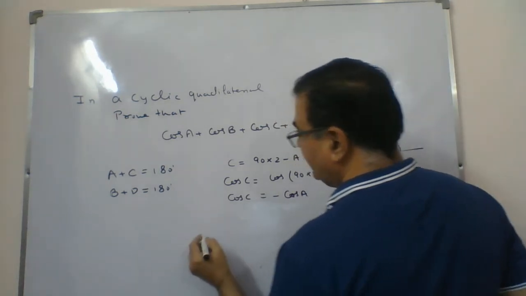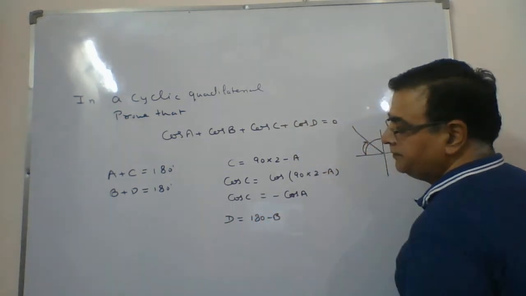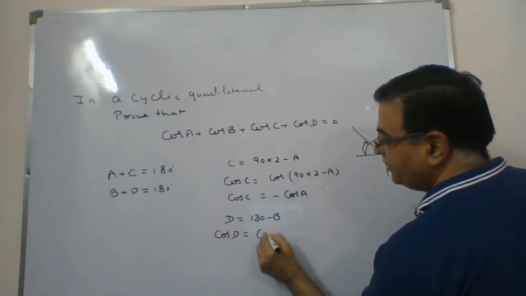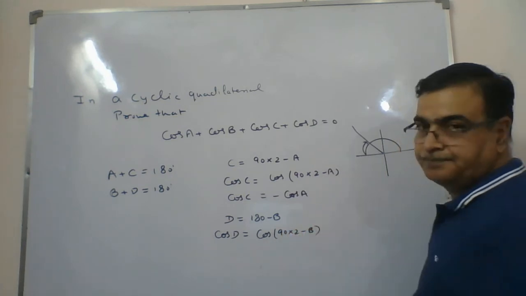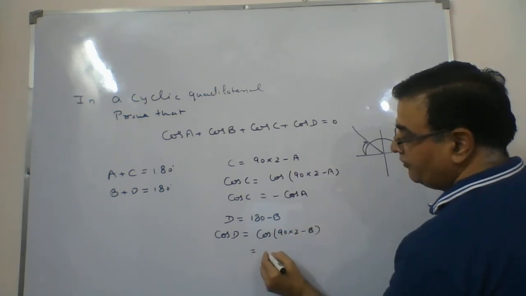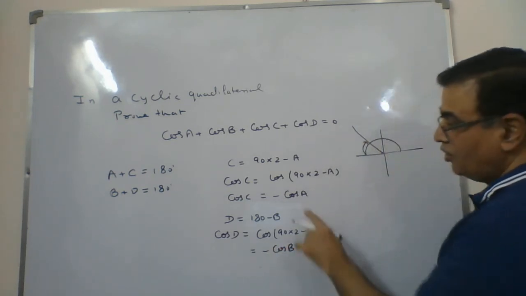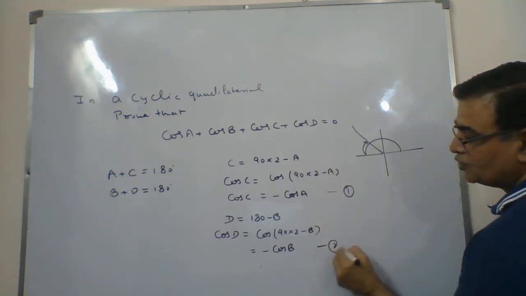Same way here we will write D is equal to 180 minus B. Taking cos on both sides, cos D will be cos of 90 into 2 minus B, and when you solve it, it will come minus cos B. This is equation 1, this is equation 2.